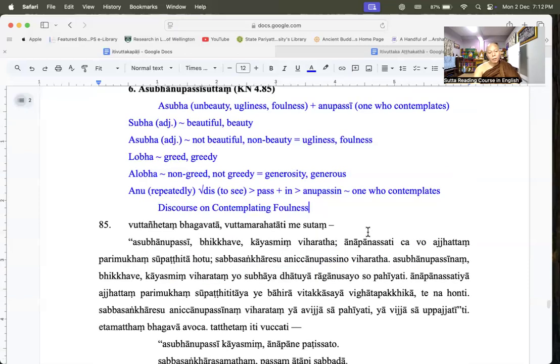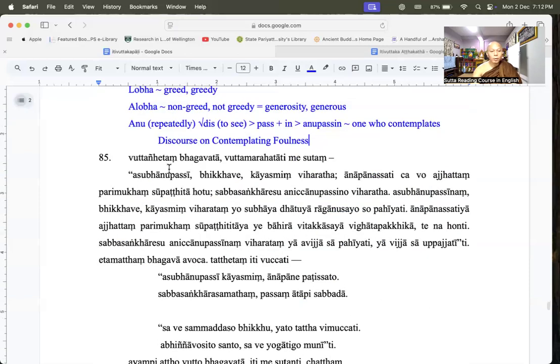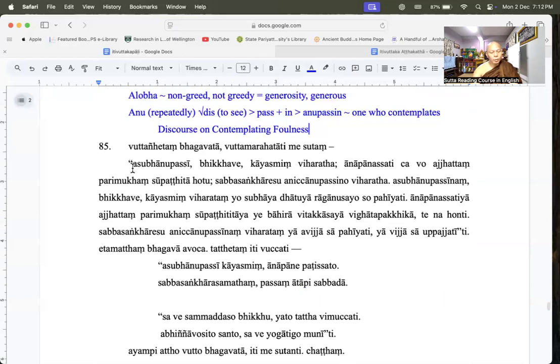So here, okay, the first line. Asubhānupassī bhikkhave kāye viharatha. Asubhānupassī bhikkhave kāye viharatha. Now, Ānāpānasati ca vo ajjhattaṃ parimukhaṃ sūpaṭṭhitā hotu. Sūpaṭṭhitā hotu.